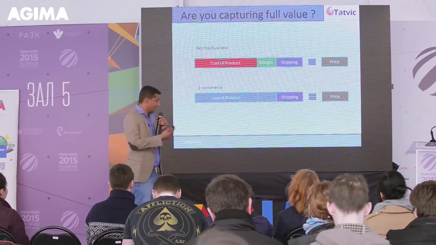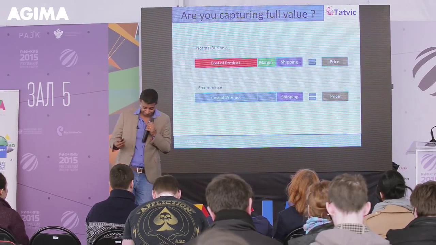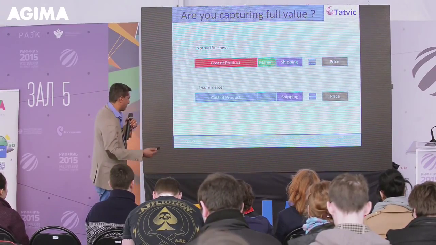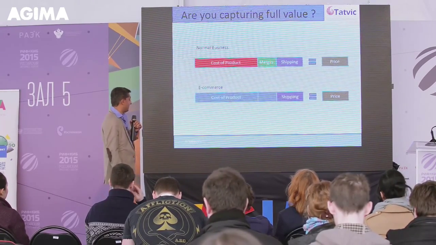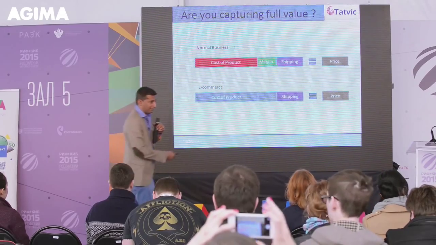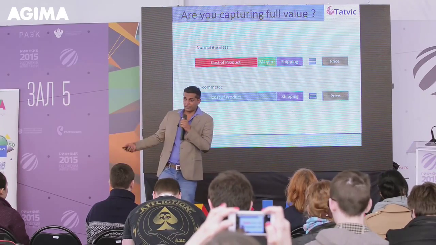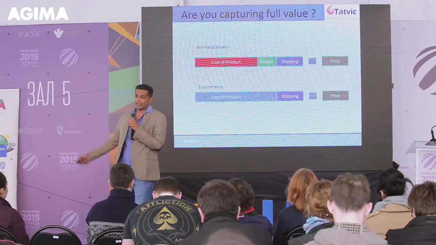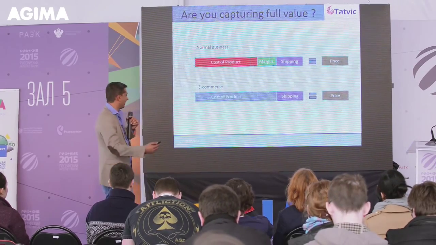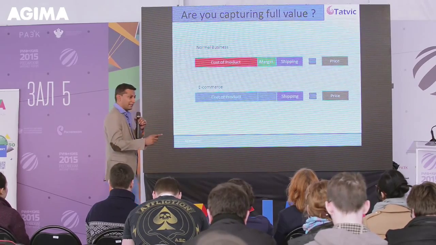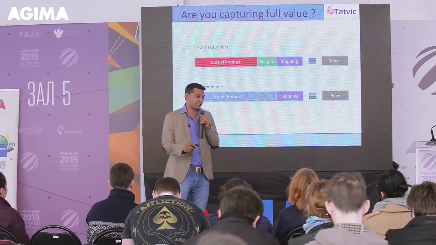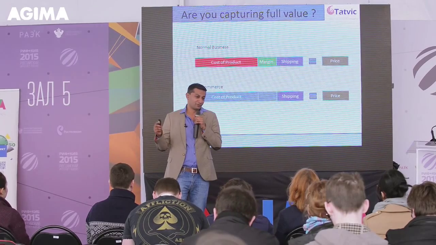But eventually, that's how you price: cost added to shipping and probably not forgoing on the margins. And that's what most businesses do. In developing countries, in India, and most likely in Russia, this is exactly how it happens. Essentially, we are not paying attention to one lever, pricing, which is extremely important to an e-commerce store.